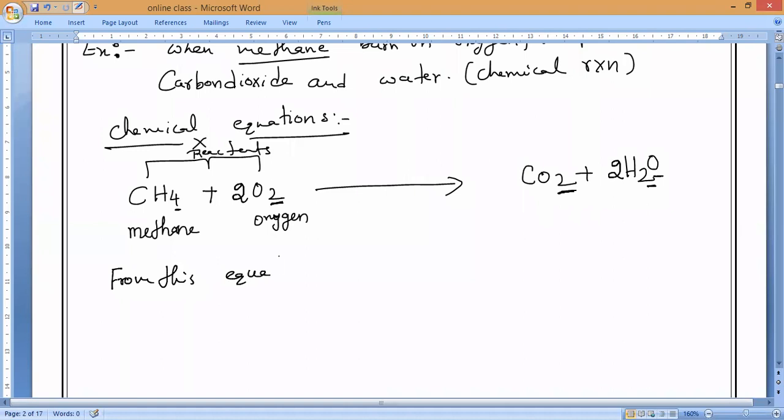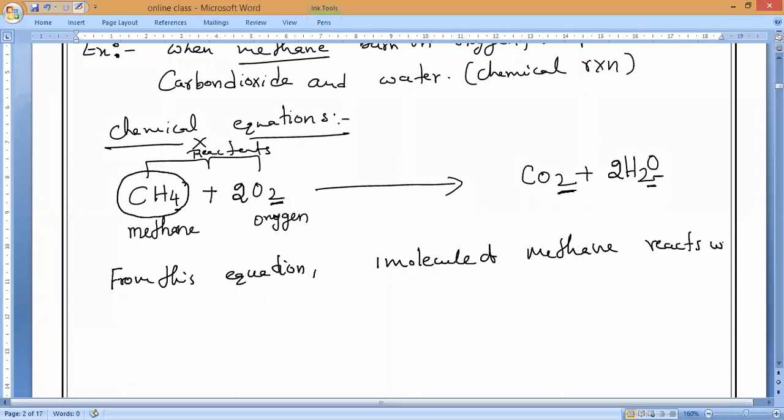From this equation we can come to know that one molecule of methane reacts with how many molecules of oxygen? 2 molecules of oxygen.